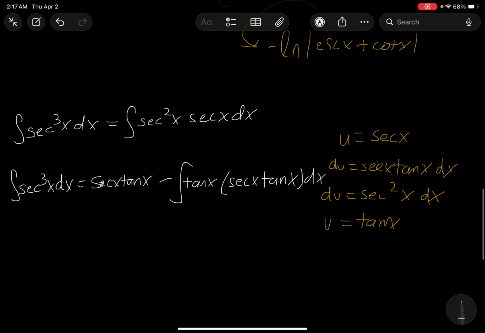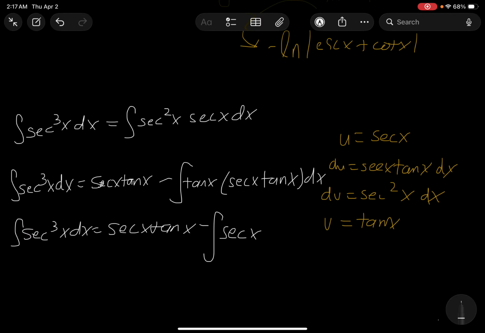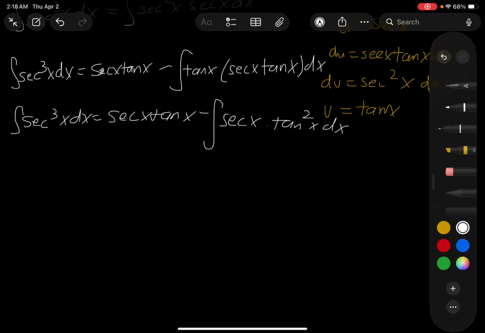Factor, which is going to give you secant of x times tangent squared of x dx.